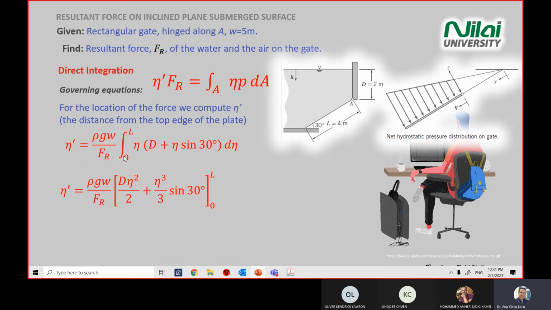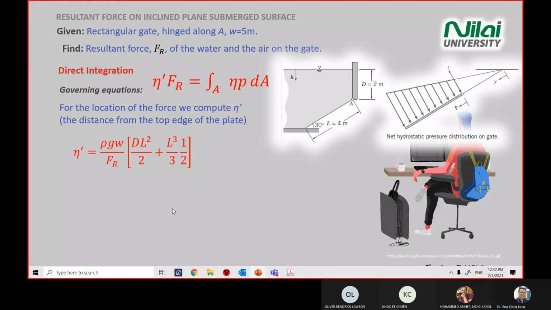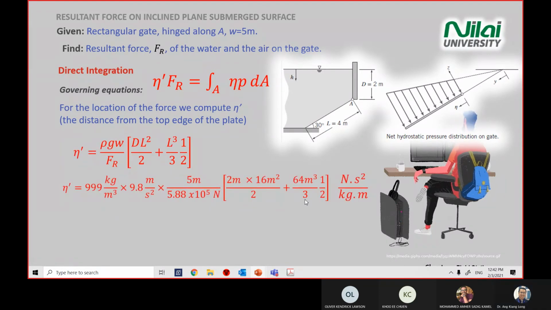Okay. So from this integration step, you arrive at dn squared divided by 2 plus n to the power 3 divided by 3 sine 30 degree, and you substitute the L inside there. The next step is just substitute all the answers. Okay. You get your n prime.